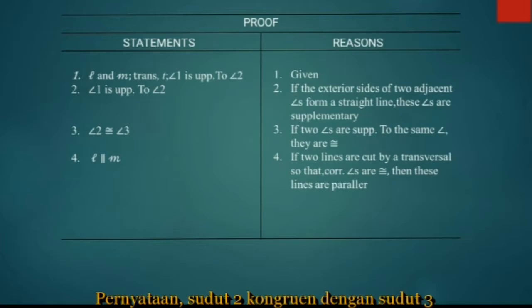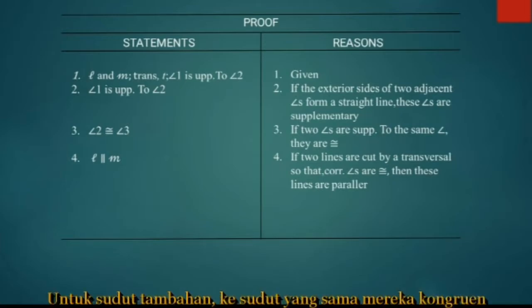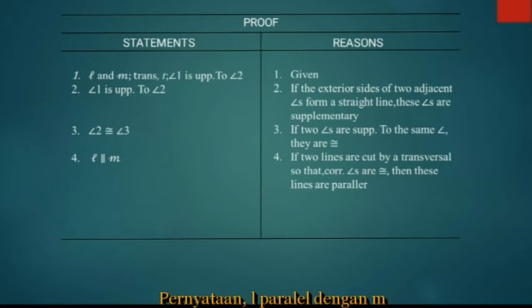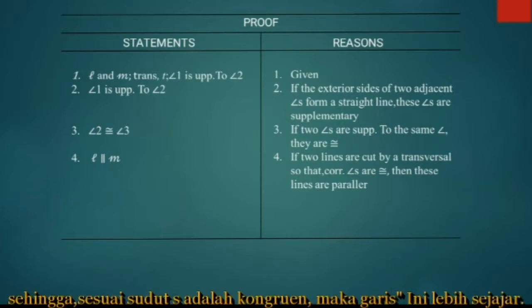Statement: angle 2 congruent to angle 3. Reason: if two angles are supplementary to the same angle, they are congruent. Statement: L parallel to M. Reason: if two lines are cut by a transversal so that corresponding angles are congruent, then these lines are parallel.